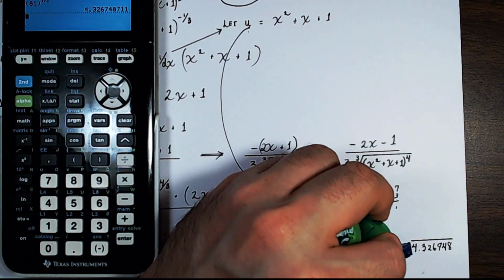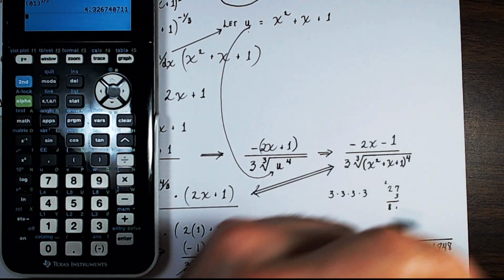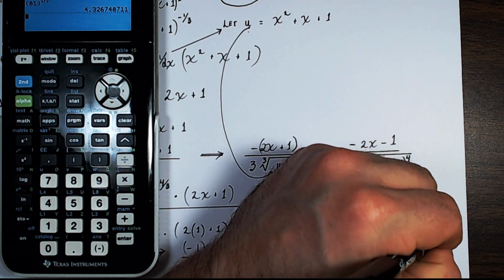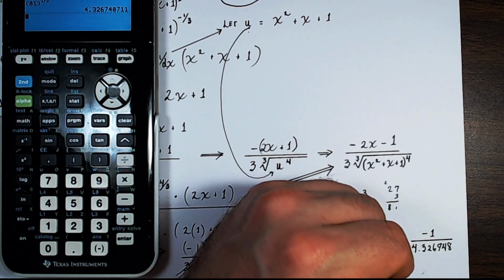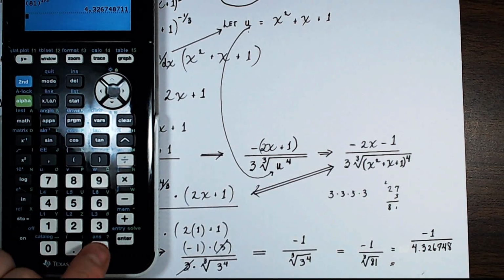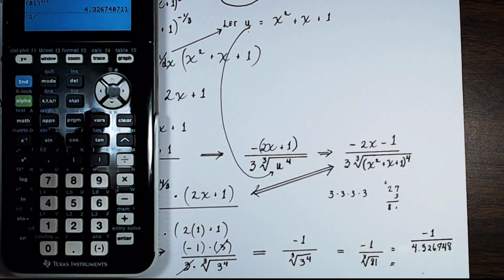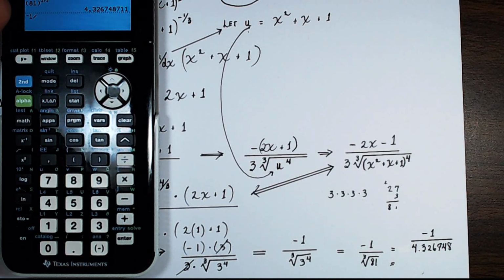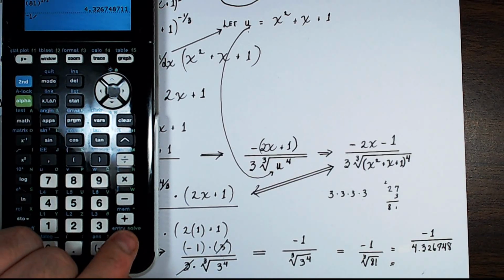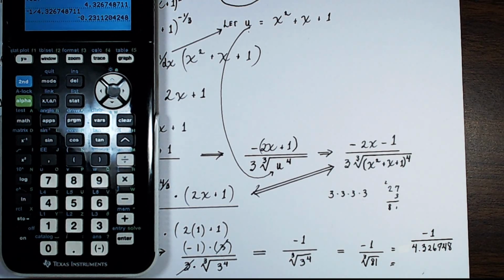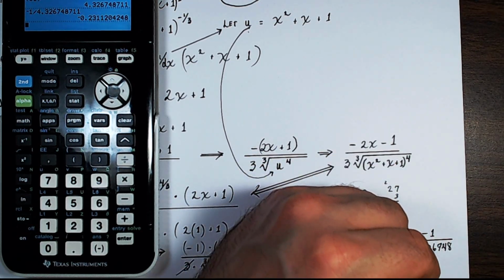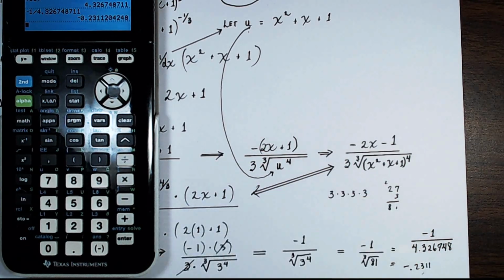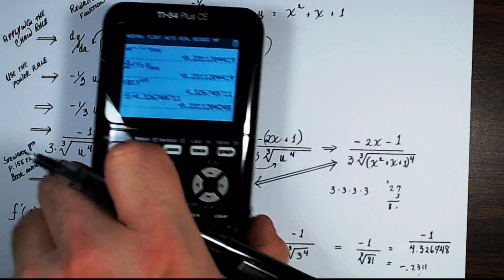I didn't complete the exercise. Come on, Michael. All right, so I had negative 1 over 4.326. So when I divide negative 1 by the cubed root of 81, I get negative 0.2311.